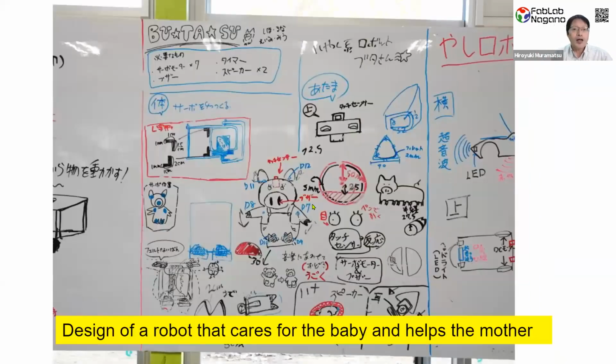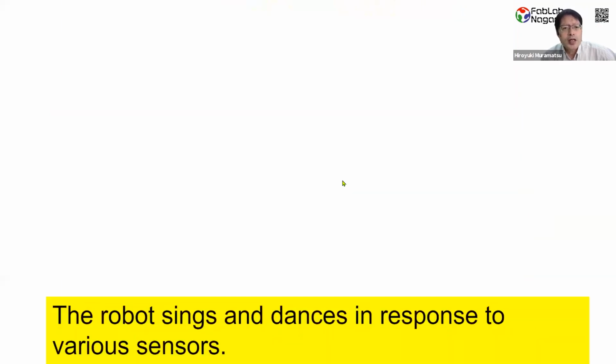So I recommend this robot because it's a fun robot. It's a design of a robot that cares for a baby and helps their mother. It's an important program for young mothers. And this group has four female students.